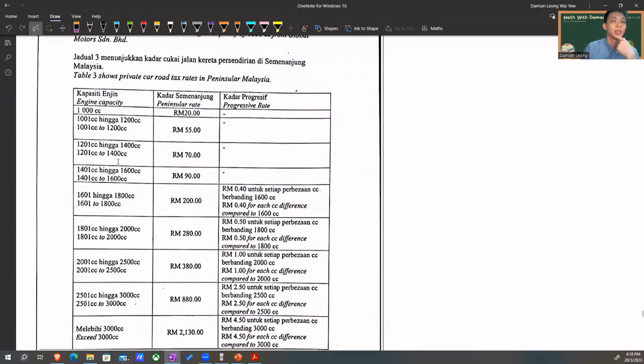So 1,800 cc is basically this. So 200. It's kind of borderline actually.